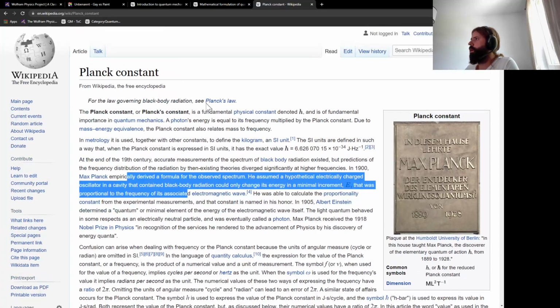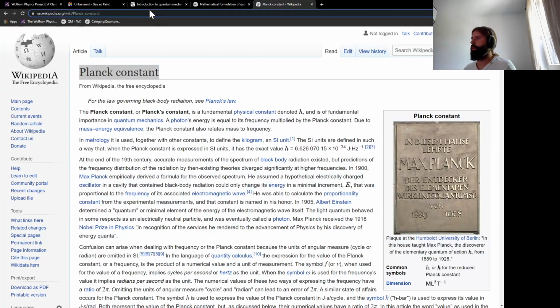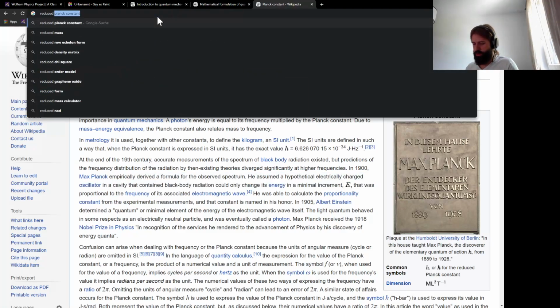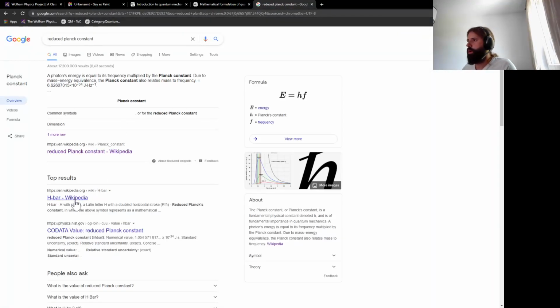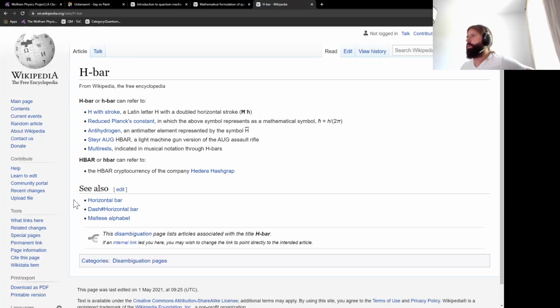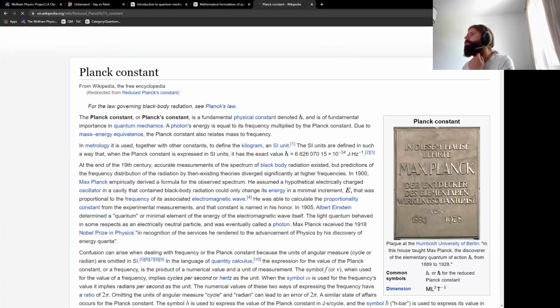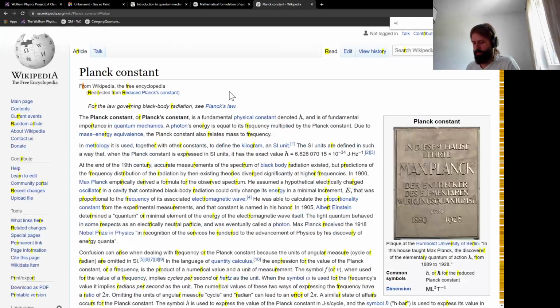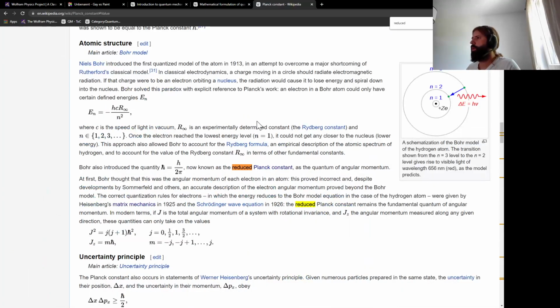Okay, and what is the reduced Planck's constant? This has to still sink in a little bit. H bar. It's just the quantum of angular momentum.